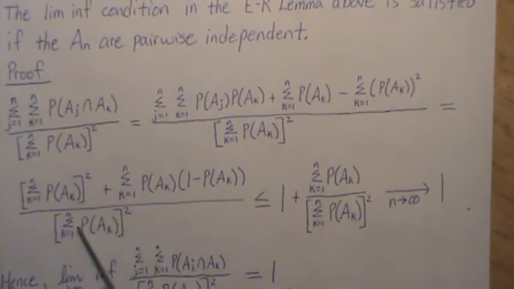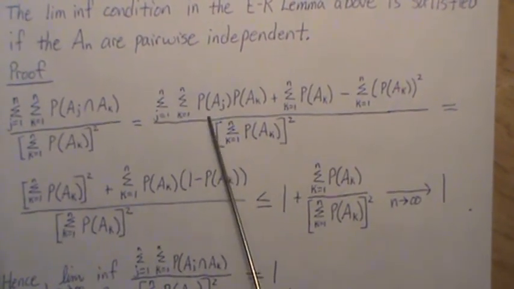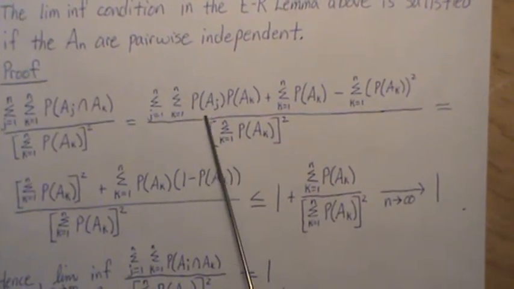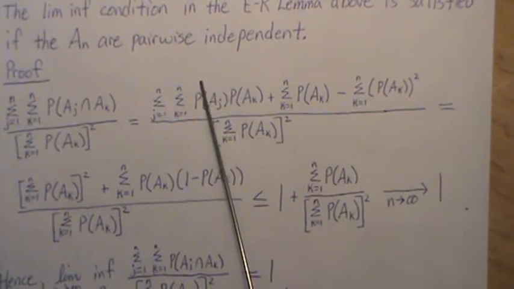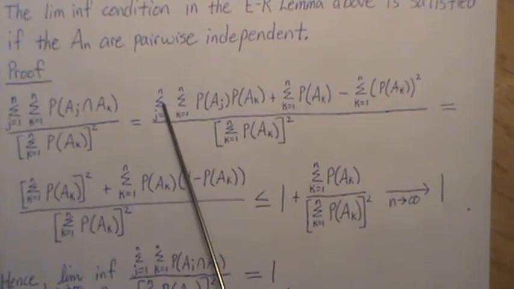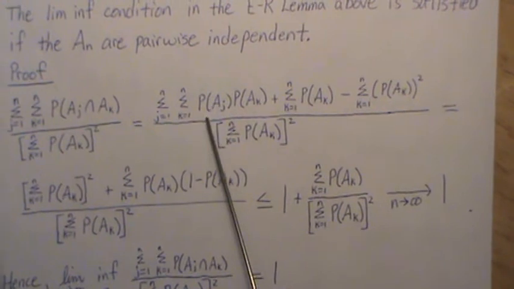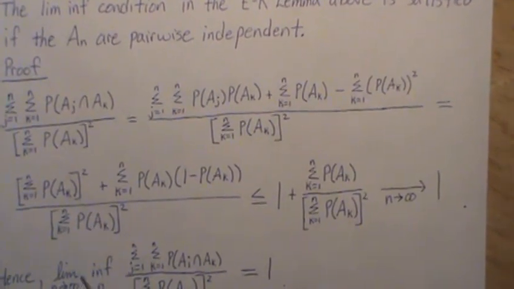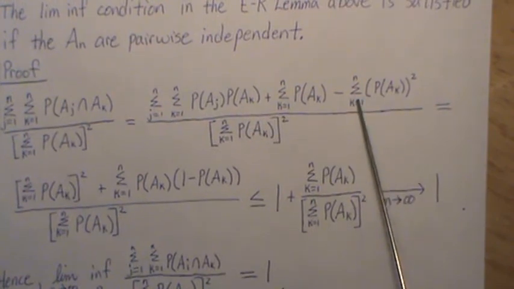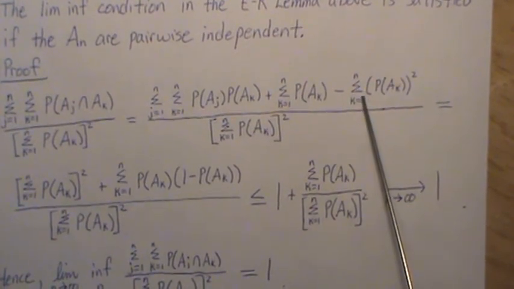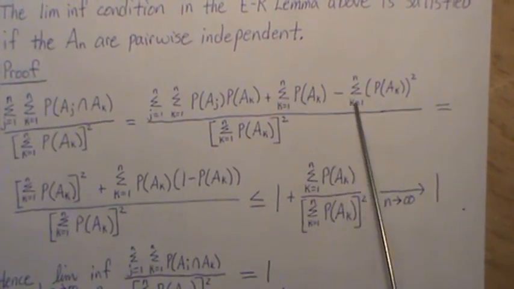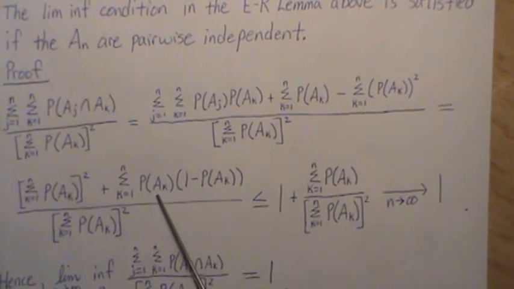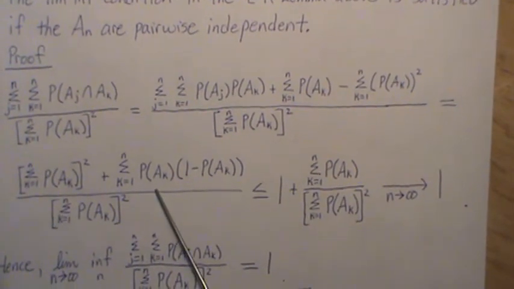And that's what this next step represents. Now this here, since there's no k here, it can actually be taken out, and then it's the sum times the sum, which is actually a sum squared, right? That's where we get this. And here, it's k equals 1 to n, so we can just put it under one sum, but then factor out one of these probabilities, and that's what we do here.